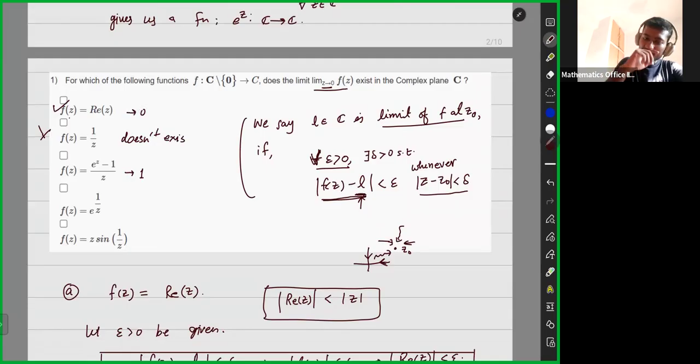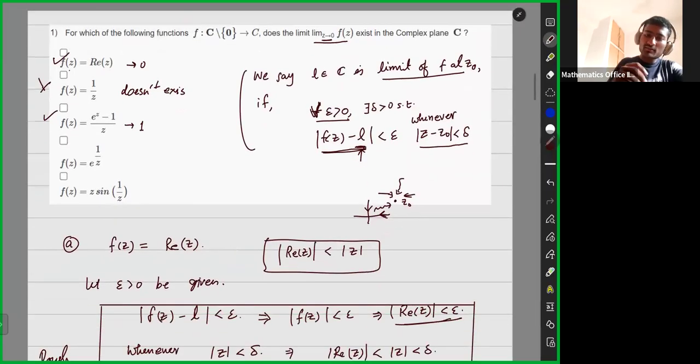Now we have another function, e power 1 by z. We need to check at zero. So if you take the sequence 1 by n, what does 1 by z become? It becomes n. If you go through 1 by n, e power n goes to infinity. It means the limit does not exist, right?